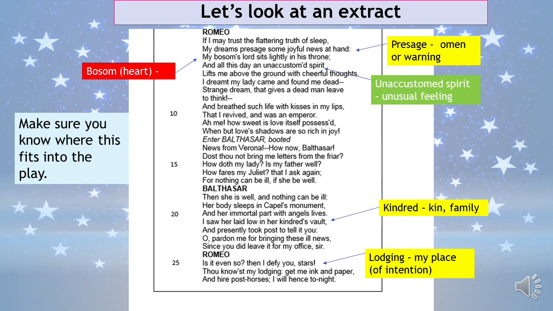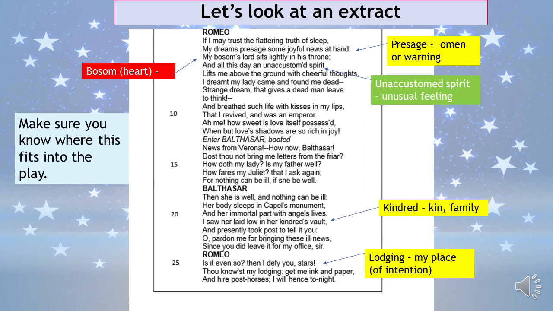Right, we are going to look at the extract. Now it's right at the beginning of Act 5 Scene 1, and on the left hand side here I've said to you, make sure that when you do go into the exam, the only reason you're going to know this is that if you know the play and if you know the plot, sometimes you can guess.